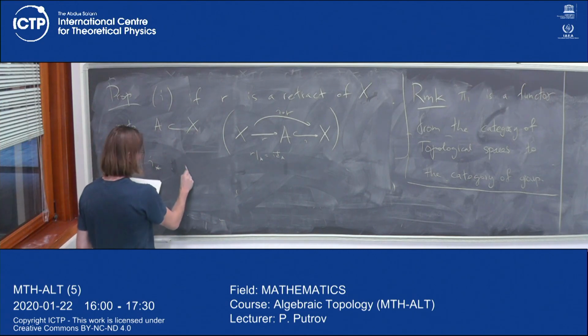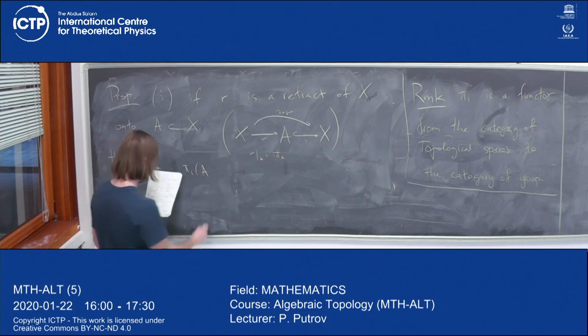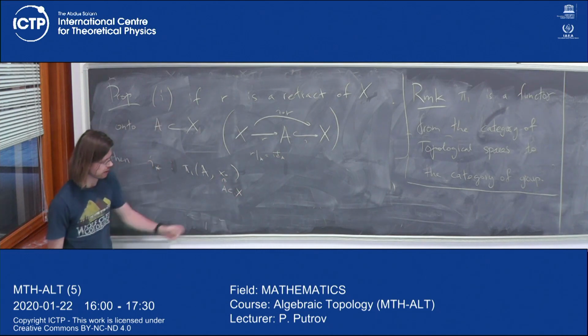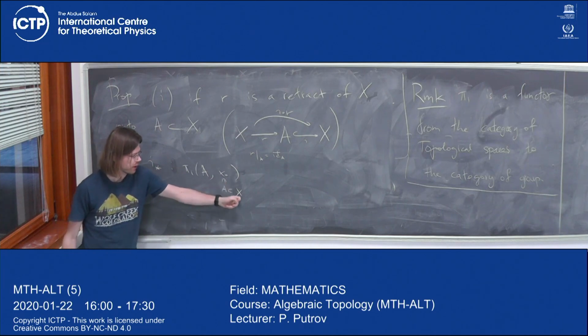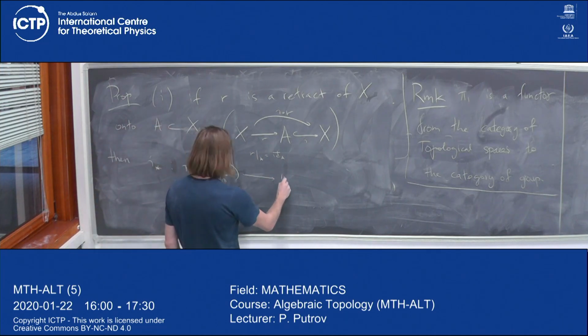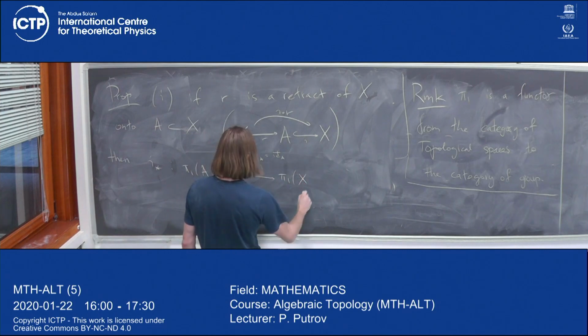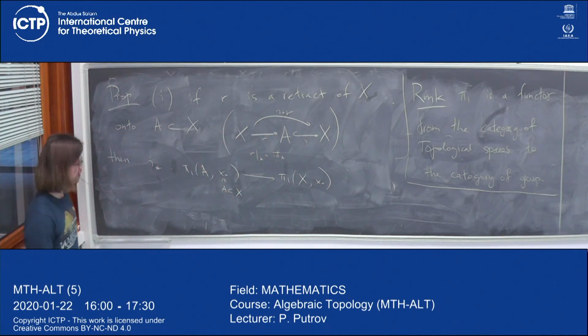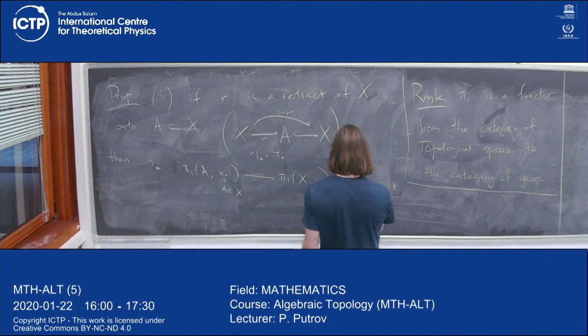It is a map from pi_1 of A at x0, where x0 is some point which I fix in A, but since A is a subspace of X, this point can also be treated as a point in X, so the map i induces a map like this, and the statement is that this is an injection.